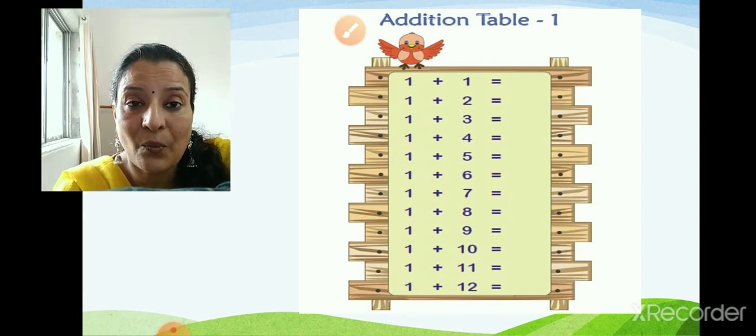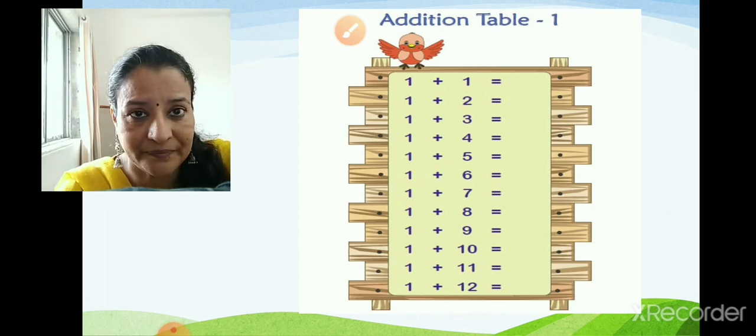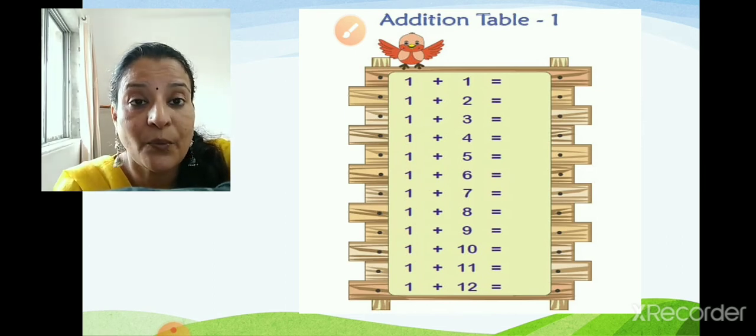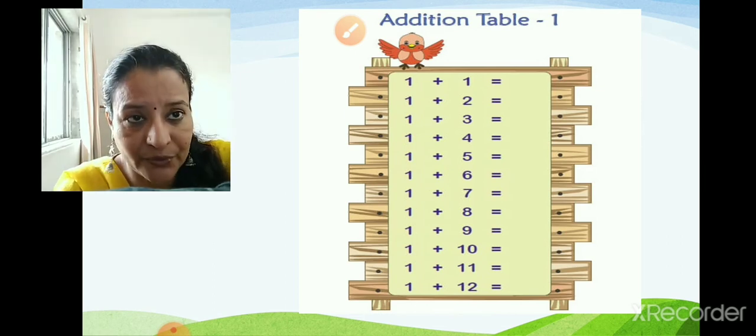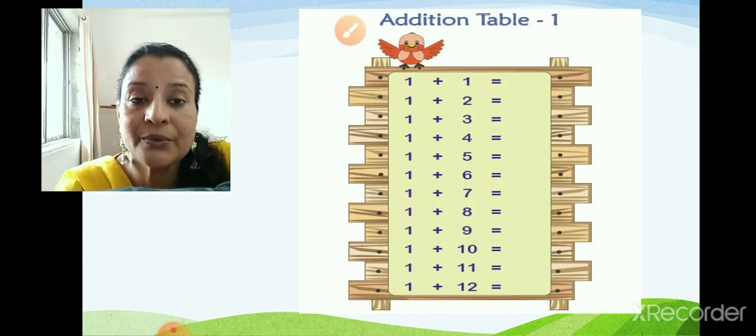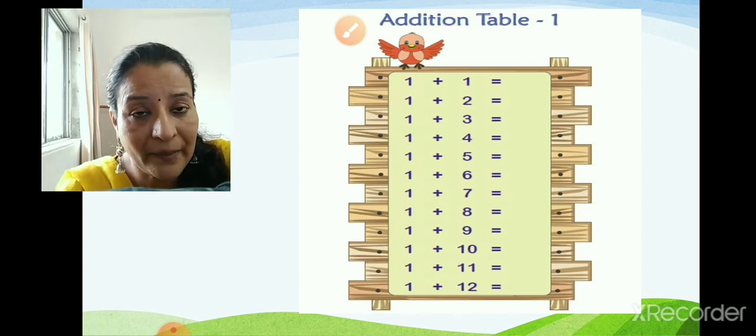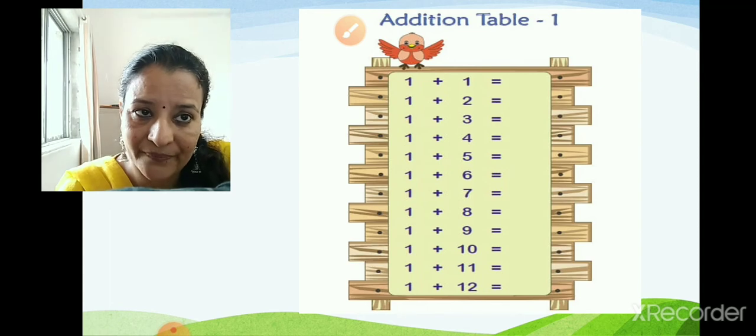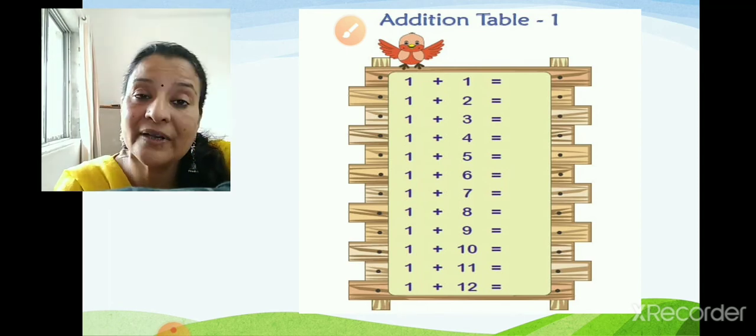Now here, 1, 1. You will say 1 plus 1, not 1 ones are 1. Okay? It is addition, table of addition, table of 1. So, 1 plus 1, 2. 1 plus 2, 3. 1 plus 3, 4. 1 plus 4, 5.